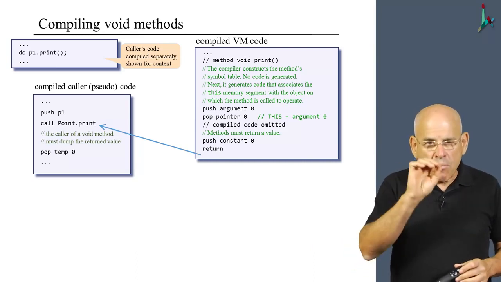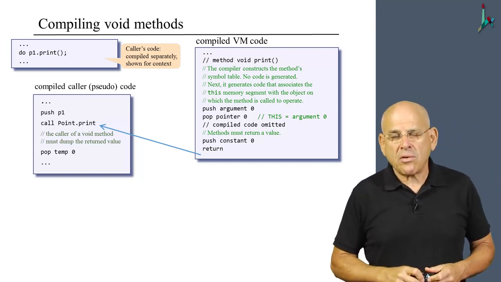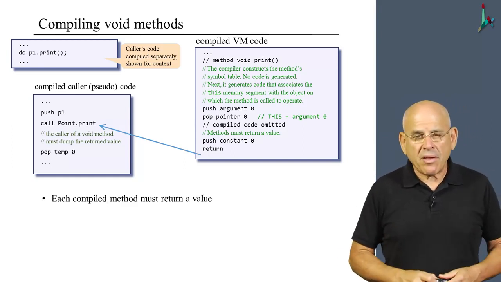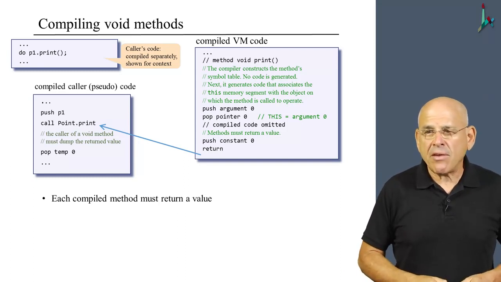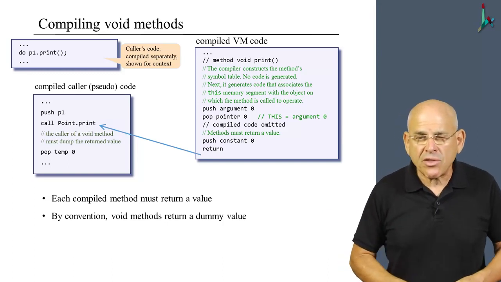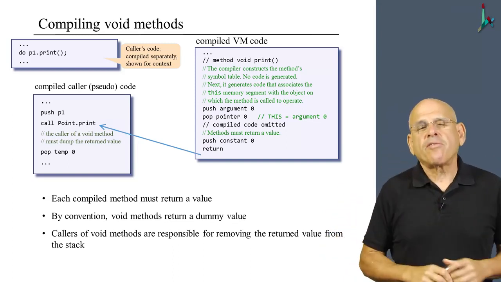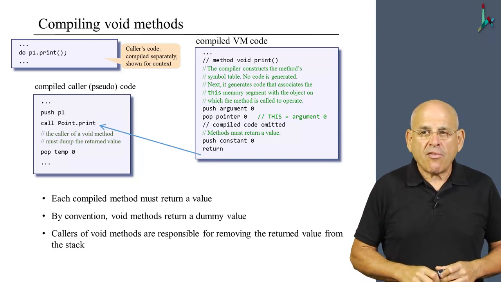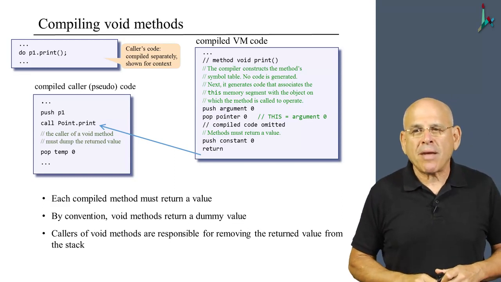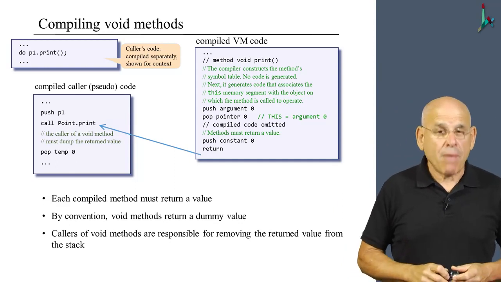And by doing this, we remove this unnecessary value from the stack, and we can go on to execute the remaining code. So to recap, each compiled method, whether it's void or not, must return a value. By convention, void methods return some dummy value, and it's the responsibility of the caller to rid the stack of this unnecessary value, and therefore it's the responsibility of the compiler writer to generate this statement, pop temp 0, which always completes the call to a void method.